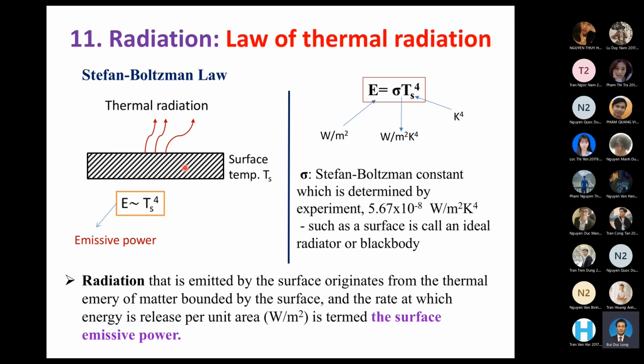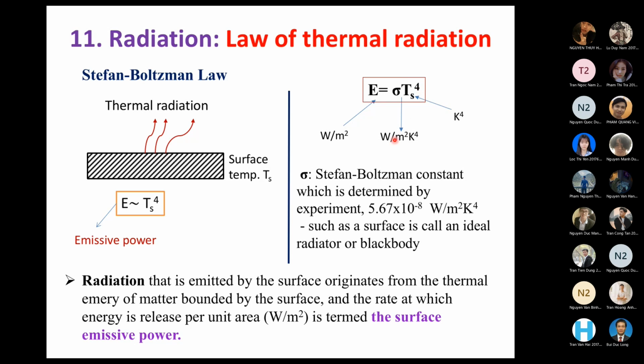So to formulate a formula similar to the previous Newton's law of cooling, we will put one constant here. In the case of a black body, the heat energy emitted will be equal to sigma Ts^4.